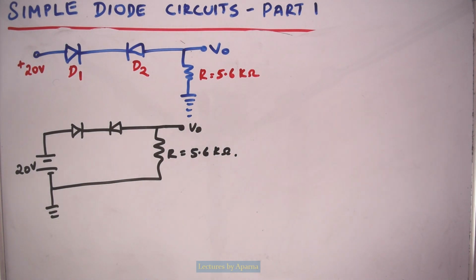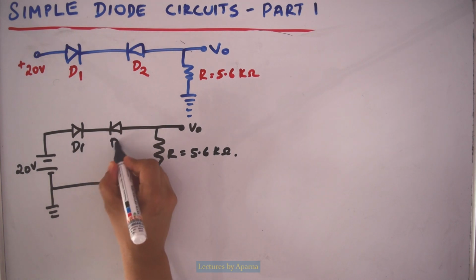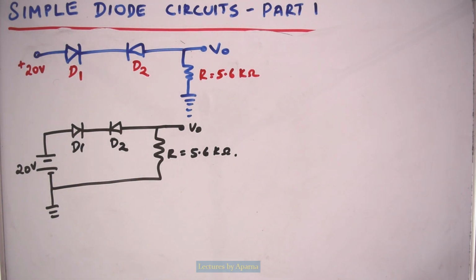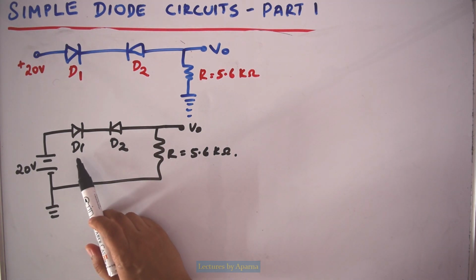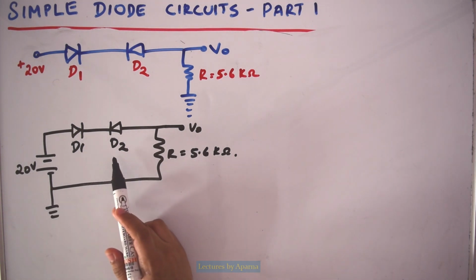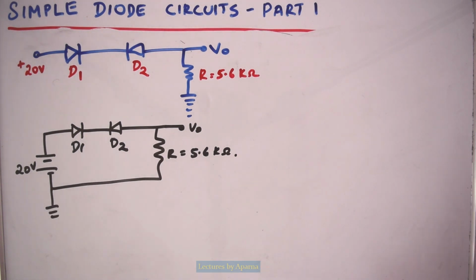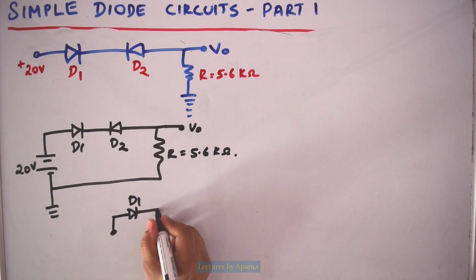Here you can see that diode D2 is reverse biased, and the question comes what to substitute for D1. For D1 there will be a no bias situation because D2 is off.